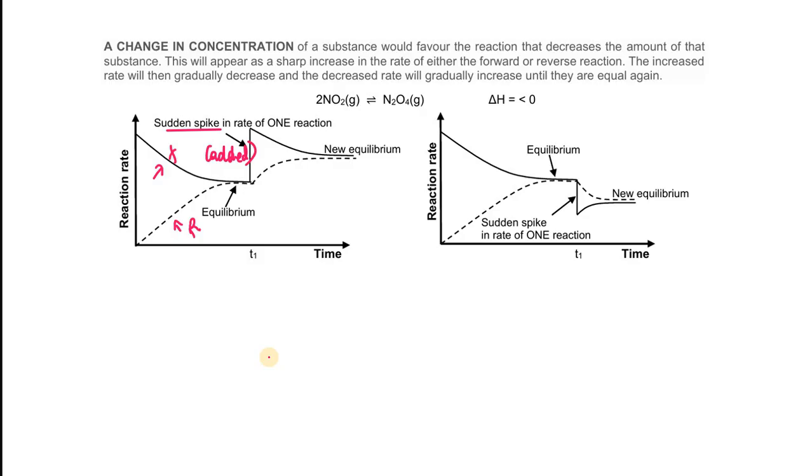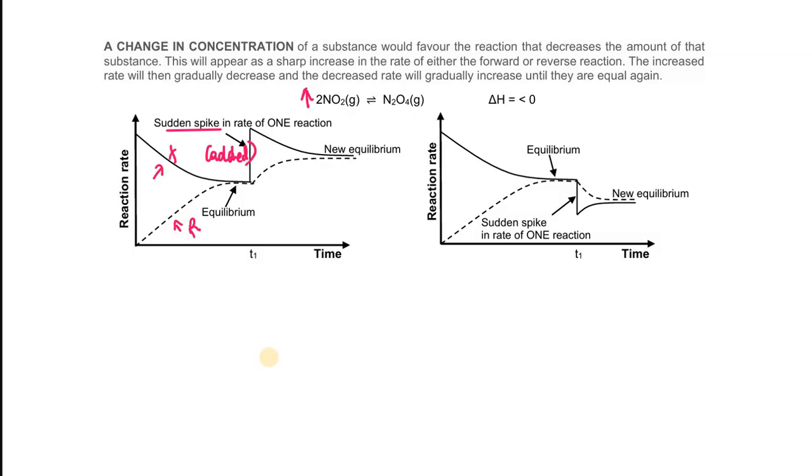So the example that they have is that let's say we add more NO2 gas. If you pump in more NO2 gas, what is going to happen? Look at this. The forward reaction spikes up.